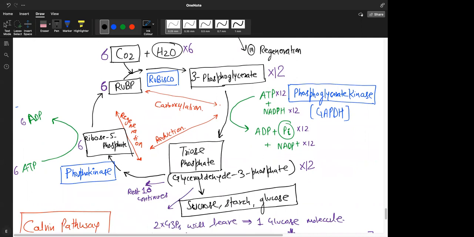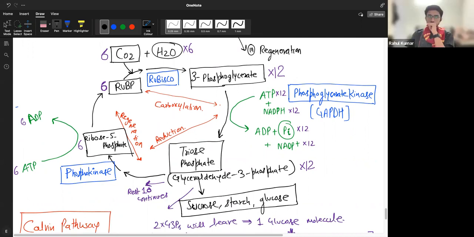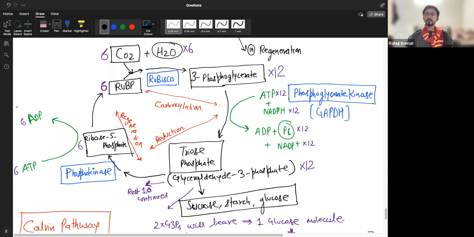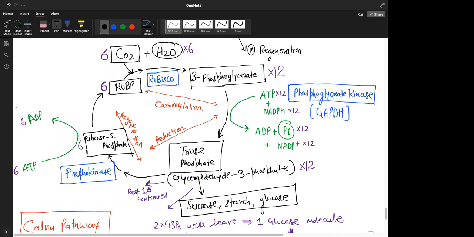So from that, carbon dioxide is accepted by RUBP, and after carboxylation, it forms 3-PGA. And the enzyme is Rubisco for this. Then 12 molecules of 3-PGA are formed, from 6 molecules of CO2 and 6 of RUBP, which you forgot to mention. Yes sir, 6 molecules of CO2 and 6 of RUBP.